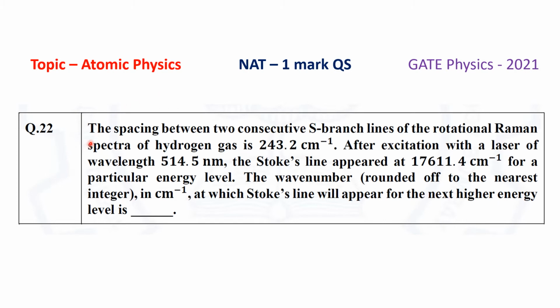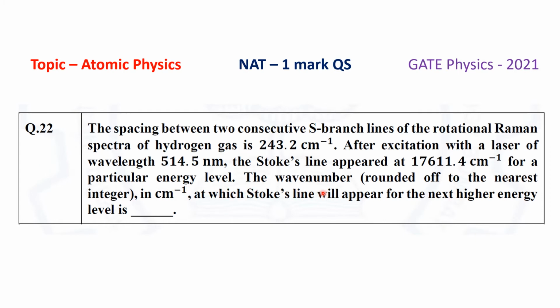The question is, the spacing between two consecutive S-branch lines of the rotational Raman spectra of hydrogen gas is 243.2 centimeter inverse. After excitation with a laser of wavelength 514.5 nanometer, the Stokes line appeared at 17,611.4 centimeter inverse for a particular energy level.